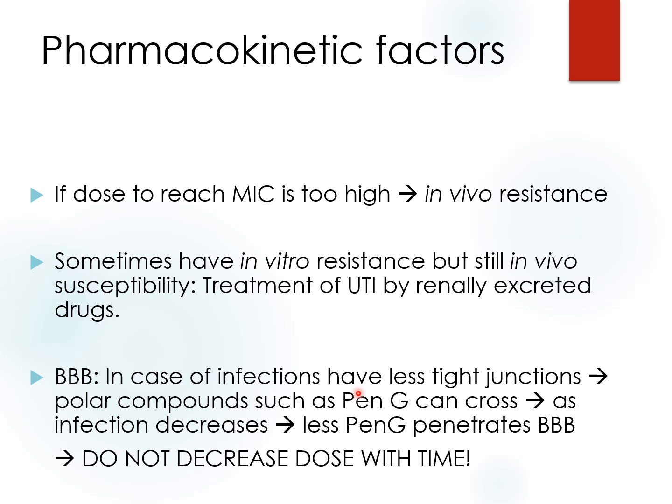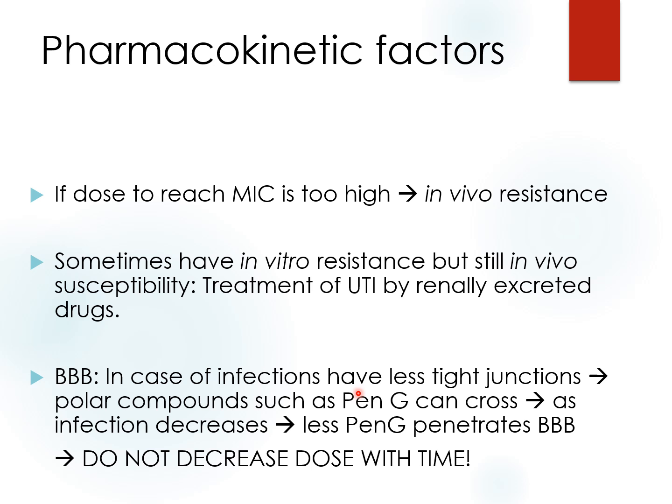So what is important here is that as your patient improves, as the meningitis hopefully resolves, you really do not want to decrease the dose of penicillin G. You want to keep it the same because as the patient improves, your blood-brain barrier improves, and less penicillin G will be able to cross it and go to the brain. Now, don't get me wrong and think that every time we have an infection, as the infection improves, we decrease the dose.